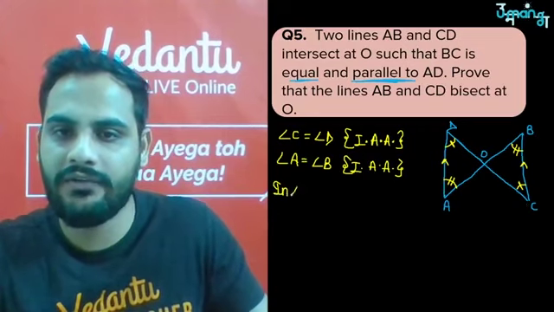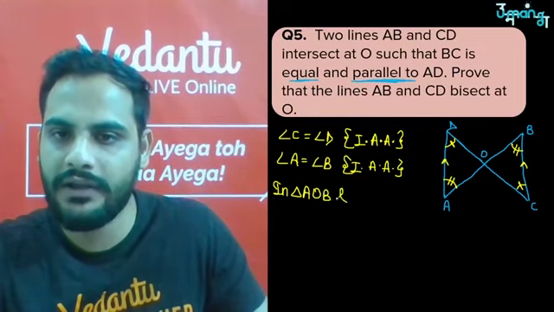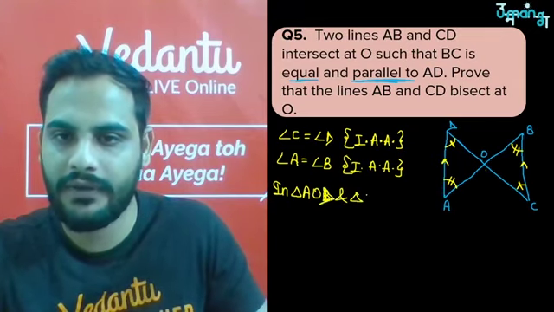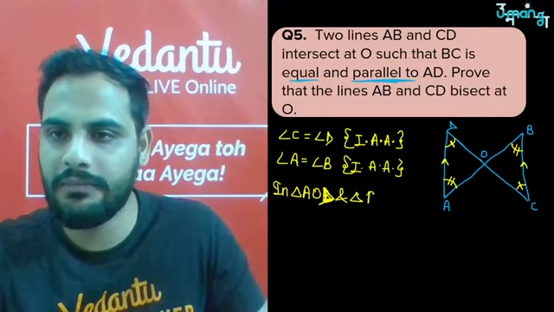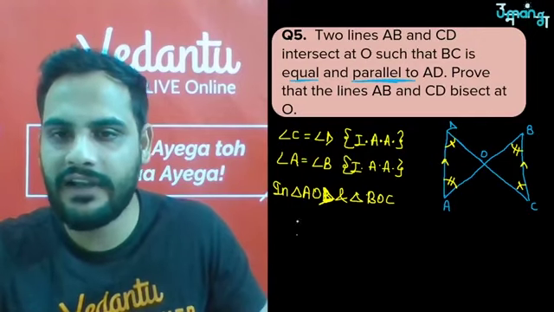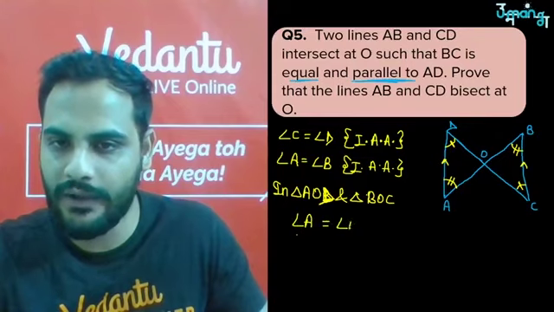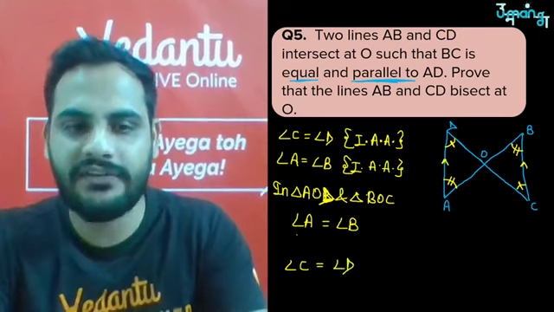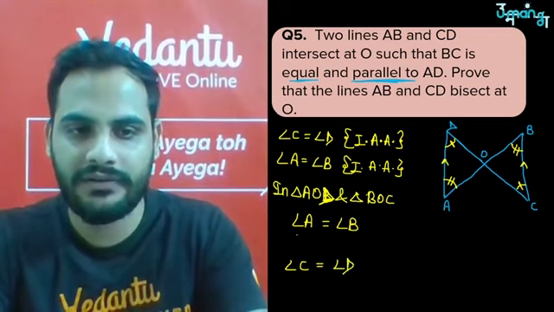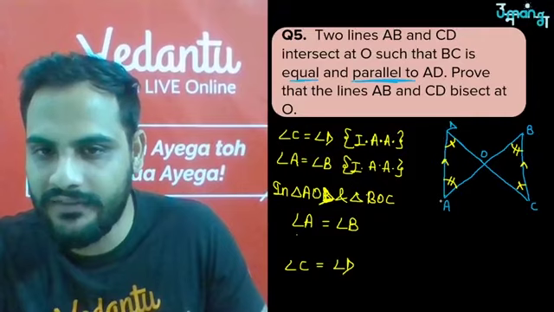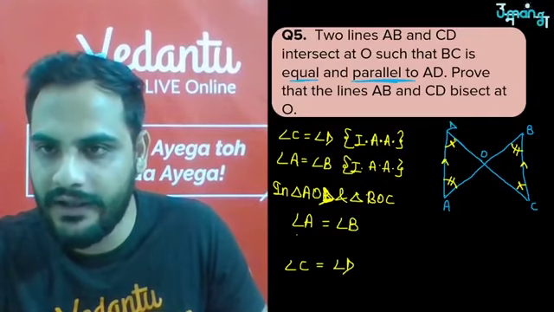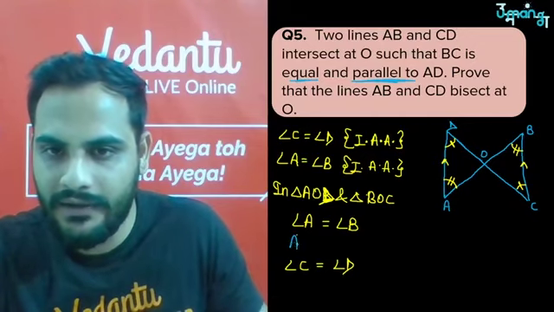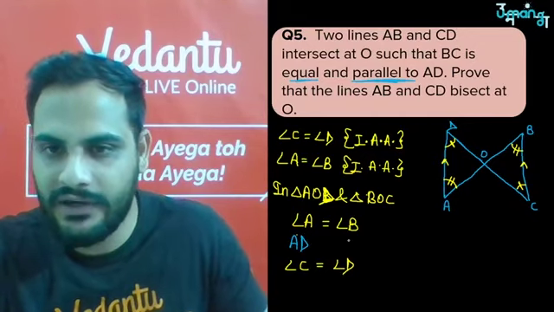I can say, in triangle AOD and triangle BOC, first thing I know is that angle A is equal to angle B and angle C is equal to angle D, and the side which is containing these angles: A and D is contained by AD, B and C is contained by BC.